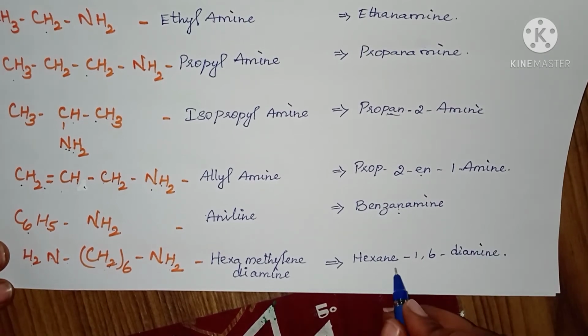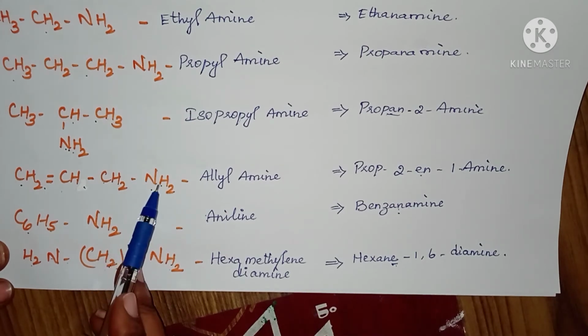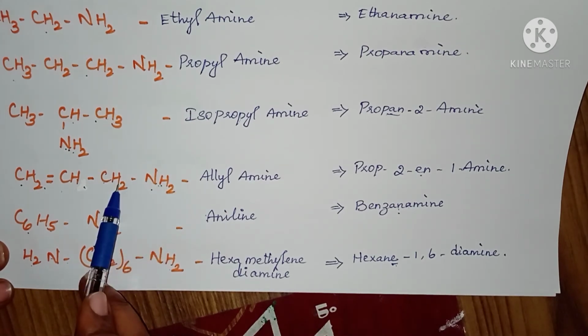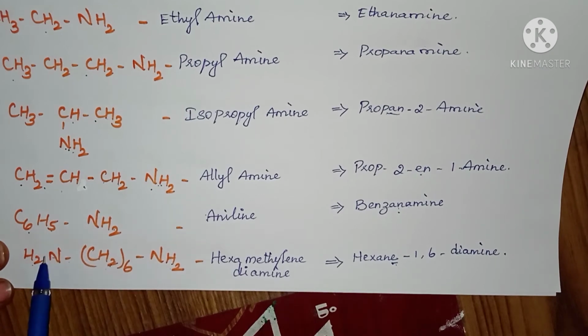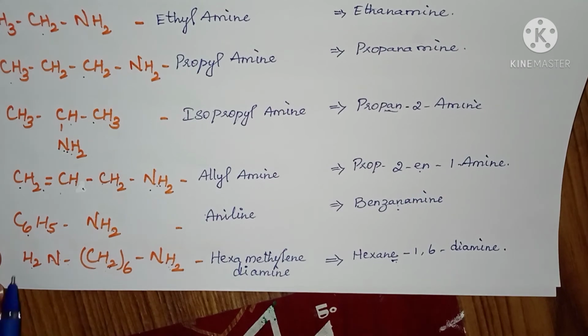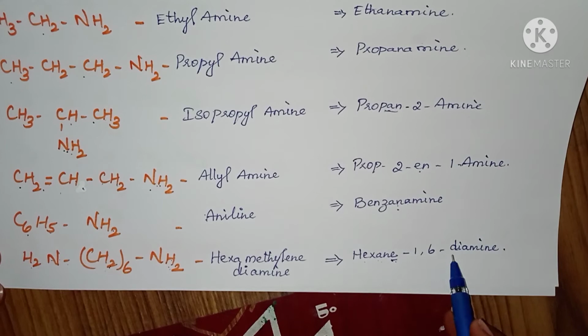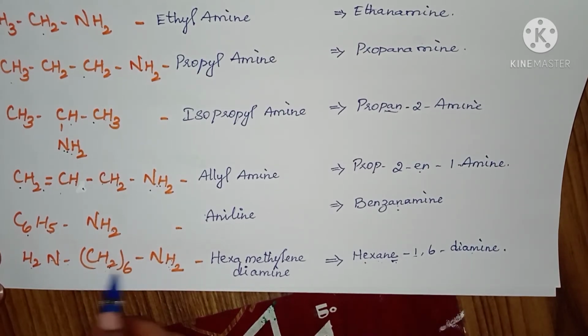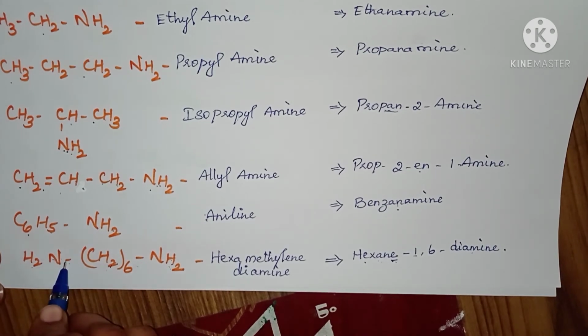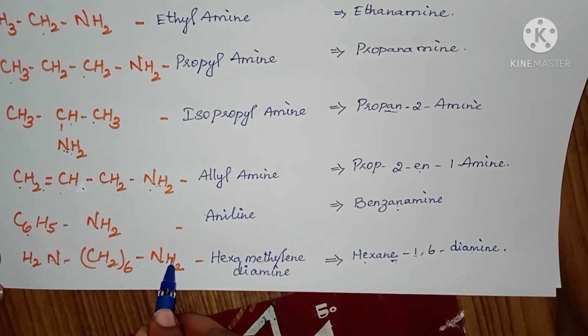You may ask, here the e is coming, no? Why? Because when the suffix starts with a consonant, as in diamine, the e is retained, whereas before an a it is dropped. Here the amine is attached on both sides. And in hexane, the 6 means the first side has an amine group and the last side also has an amine group, so it is diamine.